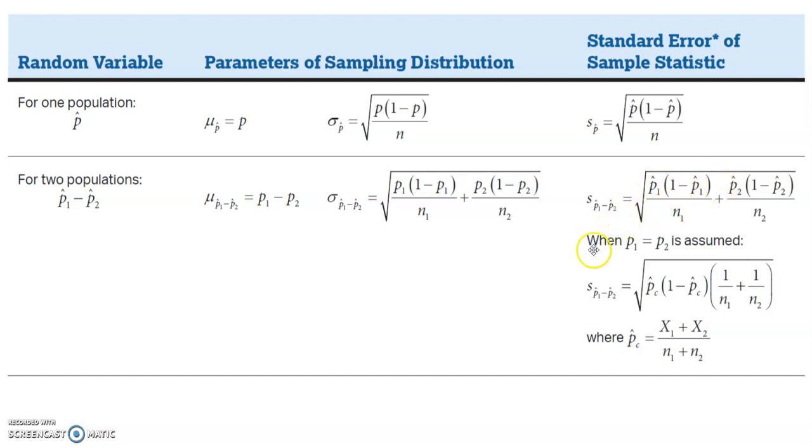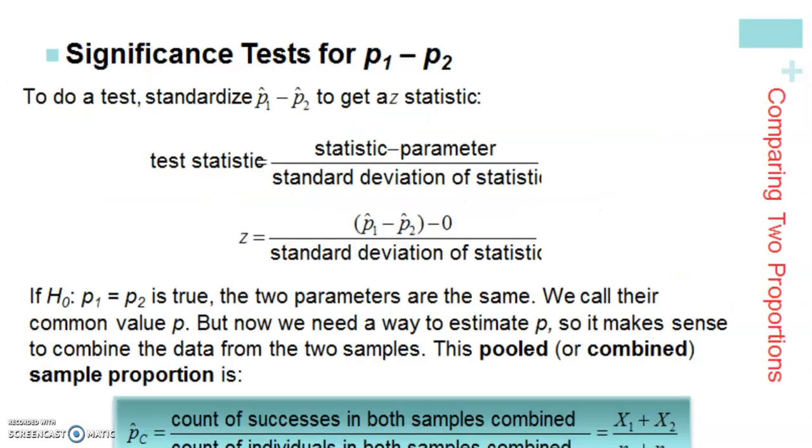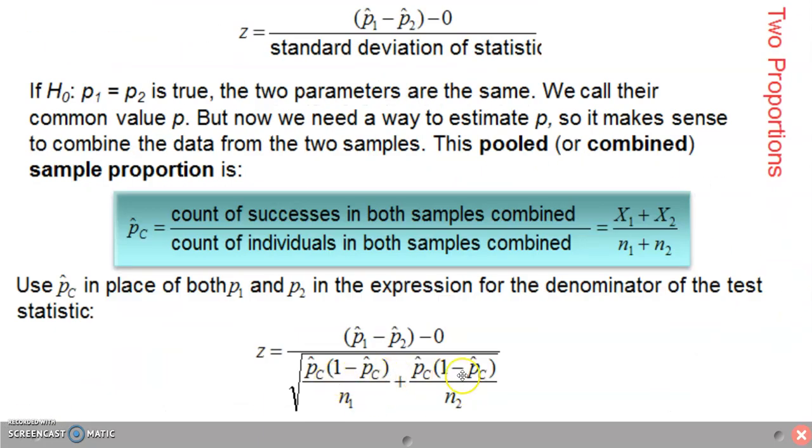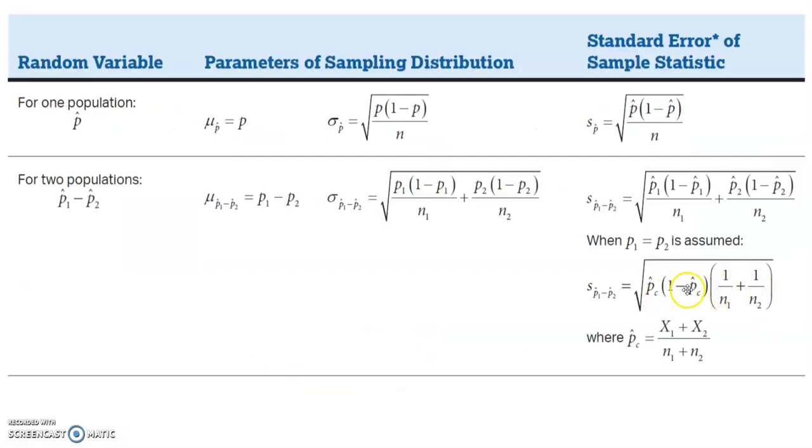But then today, when we have a null hypothesis that P1 is equal to P2, we use this combined or pooled proportion. Now you notice in this formula here, basically they just factored out a greatest common factor, since the numerators are exactly the same, they just kind of factored out a GCF.